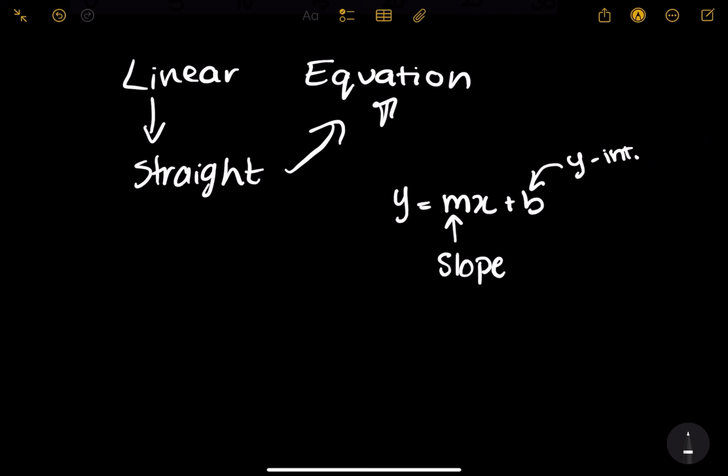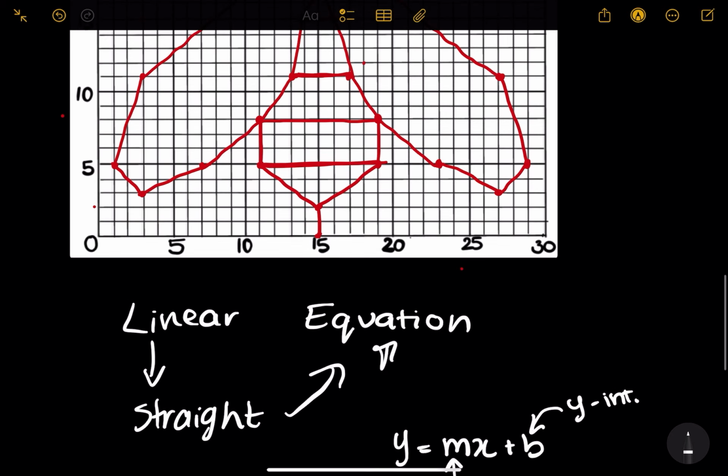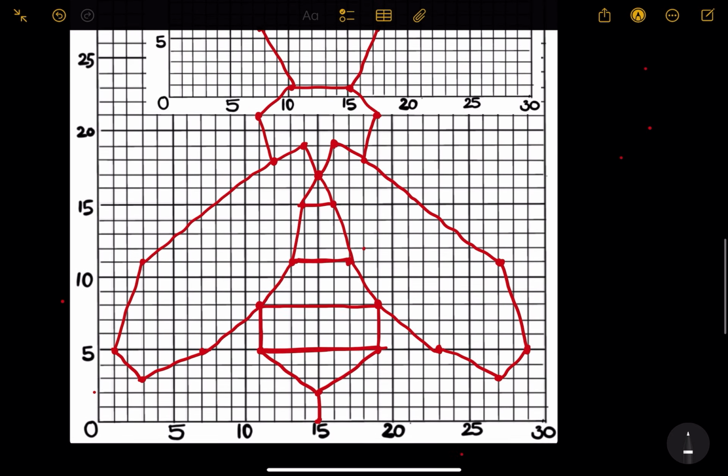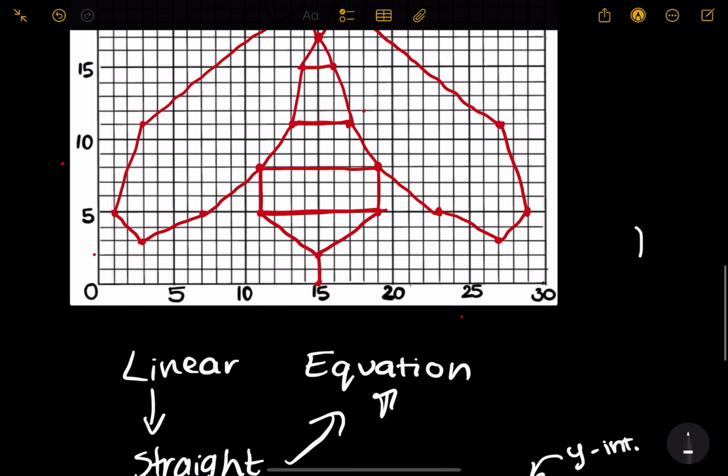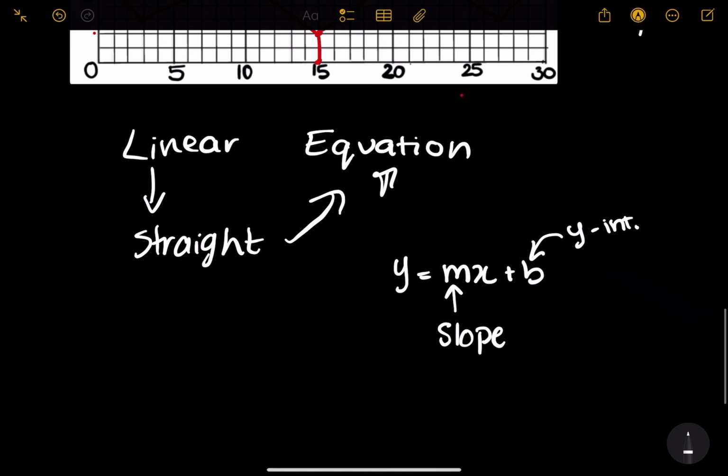Okay, the y-intercept is where the line crosses the y-axis. So basically the y-intercept is when x is 0. So if that's 0, then what is y? That's your y-intercept. And then similarly, your x-intercept would be when y is 0, so then you don't know what x is.